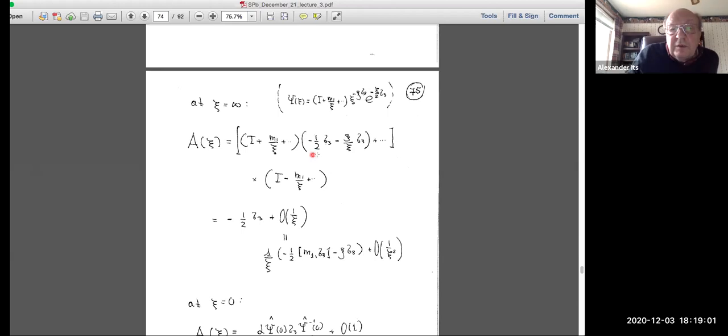So what is going on at infinity? By the way, I can differentiate everything. This can be proven kind of independently. So A of Z, when I differentiate, I write psi in more detail. I just specify this first residue part, M1 over zeta.